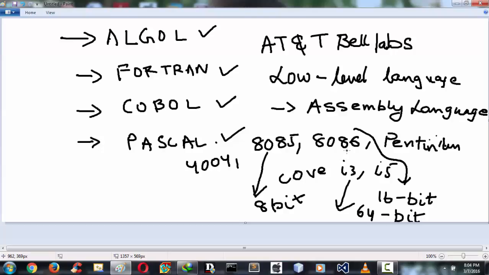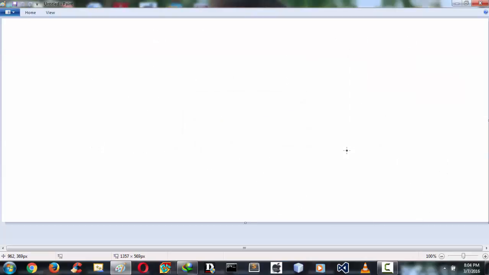Okay, so one second, let me clear the window. There is a link between these levels of programming languages. We have just learned about high level language and low level languages, and machine language we haven't yet learned here. So let's see about machine level language also.